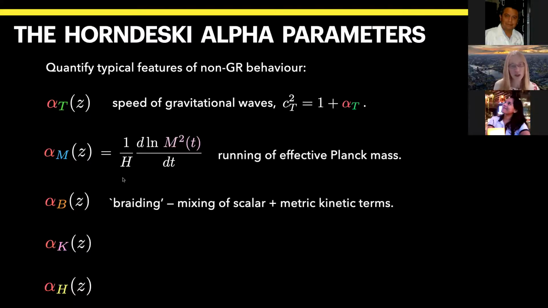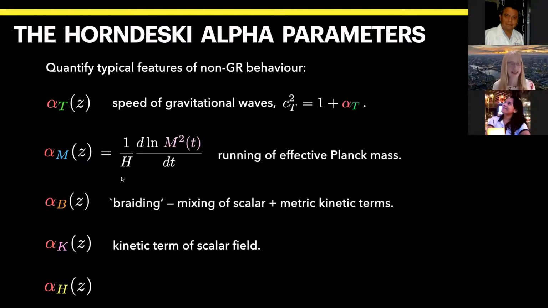Alpha B is called the braiding parameter, and it quantifies a particular mixing of the kinetic terms of your metric and your new Horndeski scalar field. Alpha K is the kineticity parameter, and it tells you whether that new Horndeski scalar field has a standard canonical kinetic term or has some more exotic kinetic structure, which can happen in some of these gravity theories.